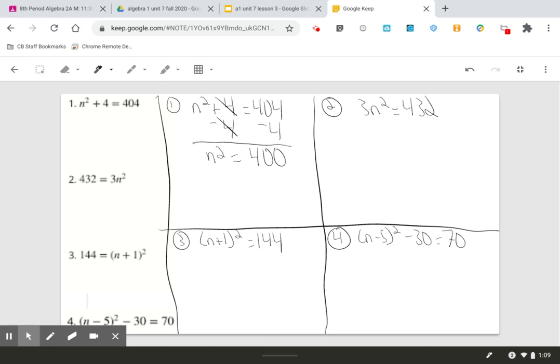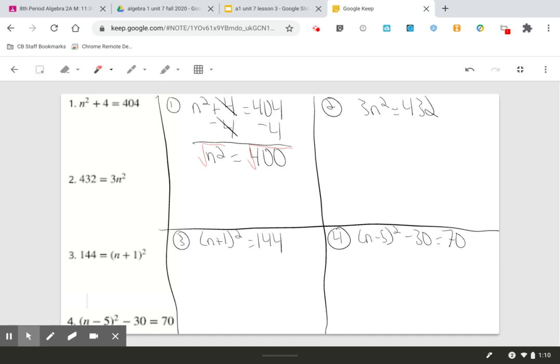Then the next thing we're going to do, and I'll use a different color for this, is we are going to take the square root of both sides. And the reason we're going to do that is that squaring and square rooting are the opposites of each other, just like addition and subtraction are opposites of each other.